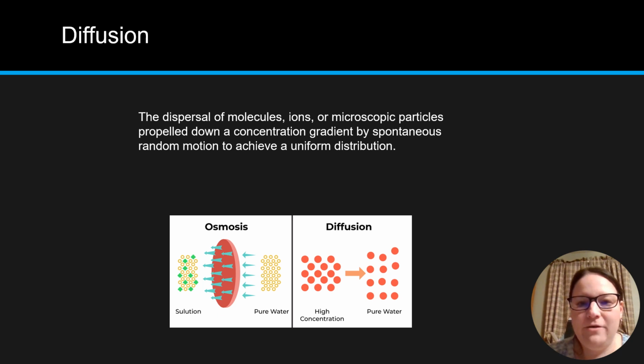So we're going to talk about diffusion real quick. I listed the actual definition of diffusion on this slide, and there is an example of it down at the bottom, but I'm going to put it in simpler layman's terms that's easier to understand. Let's say that I have a glass full of water and I have a red Kool-Aid packet, and I'm going to make Kool-Aid. My larger molecules are the water.